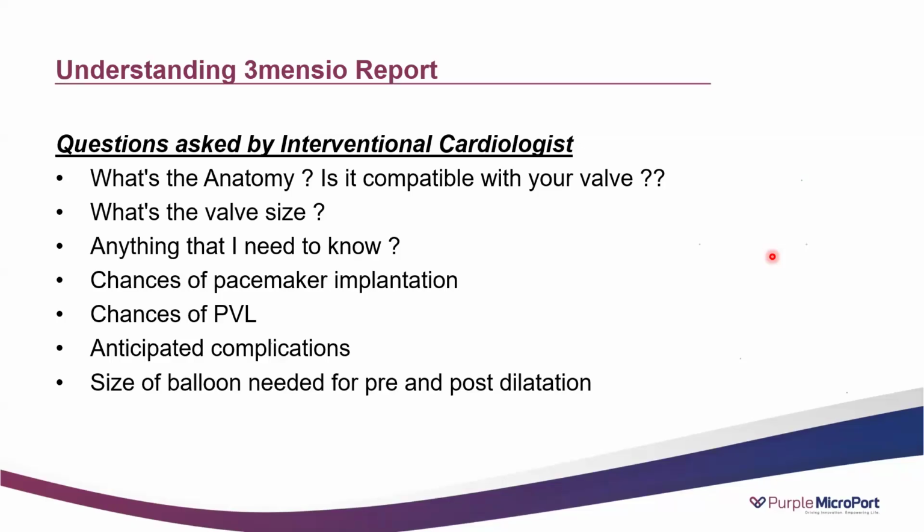So again, this also depends. I leave it to the cardiologist. This is our recommendation in 3mensio. But if they feel, they can go with 20 also, depending on the calcification. But as a general rule, for a pre-dilatation, your balloon size should be as per the minimum diameter of the annulus. I hope it is clear to everyone.